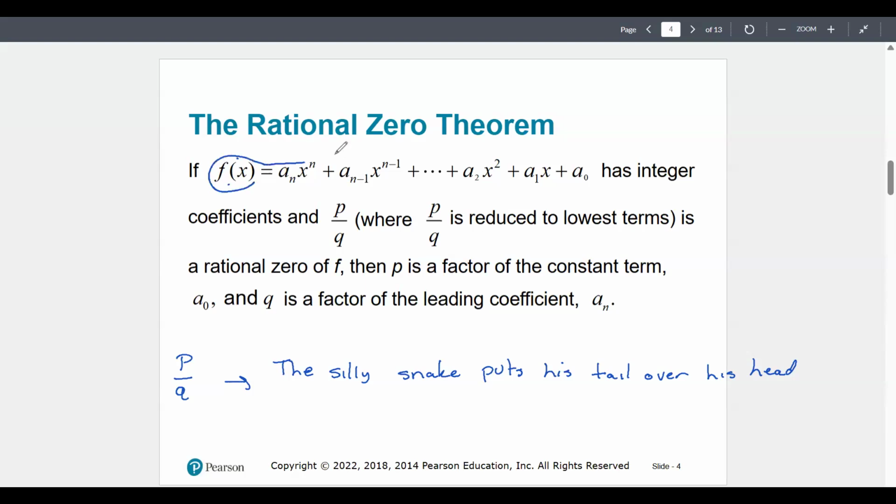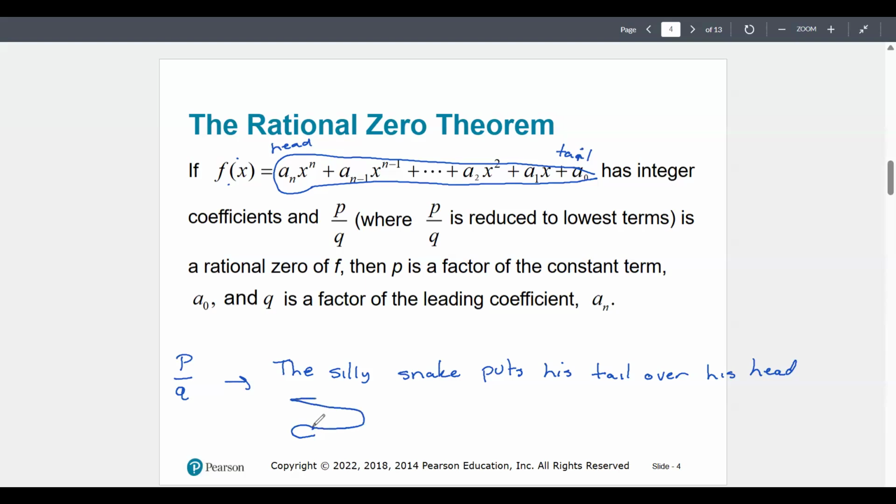We'll start here. This is where I want my head to be. This is my head. This is my tail. So what we're thinking is that my snake is doing this. So this is my a naught over my a_n. So factors of a naught over a_n. Just to help you remember, because you're going to want to switch this when you're doing this.